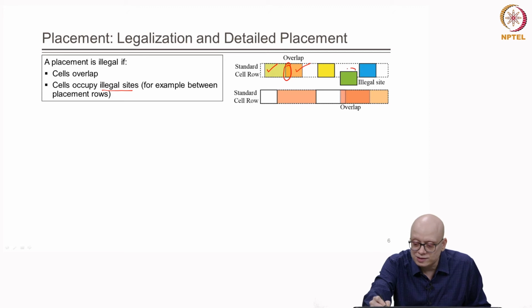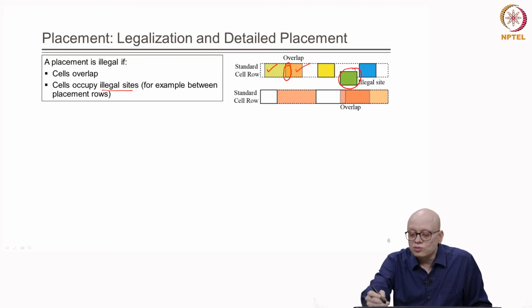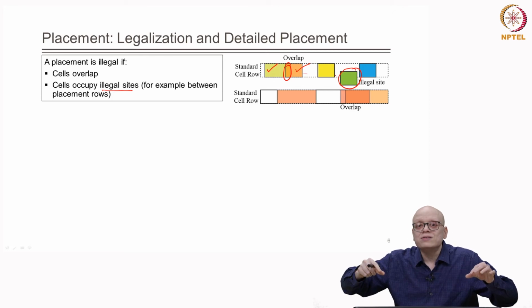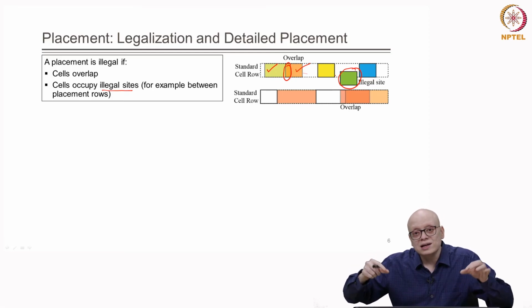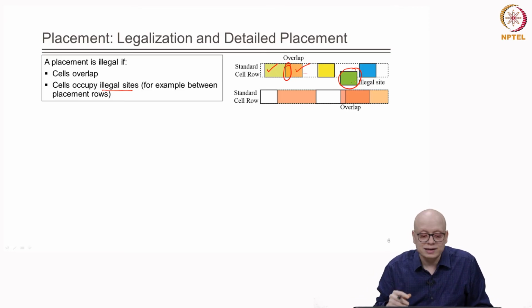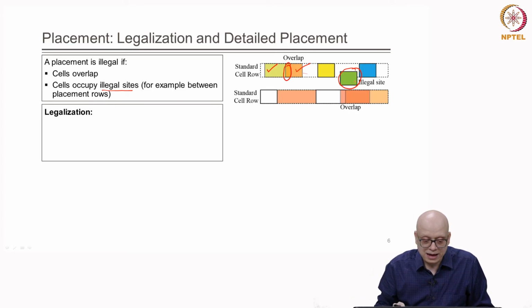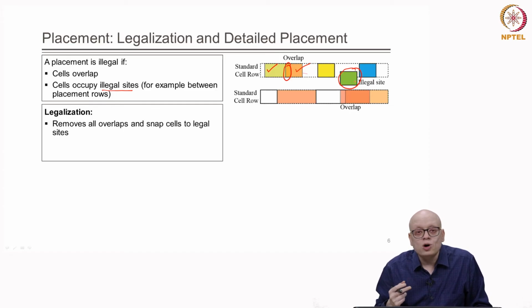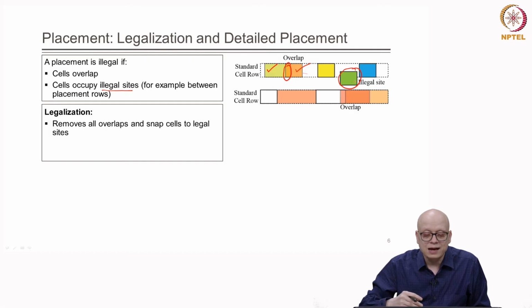If we consider this one, it is not on the rows that we have allocated during chip planning. So, this cell is out of that row, and therefore, this is an illegal location. In legalization, all overlaps are removed and cells are snapped to legal sites.